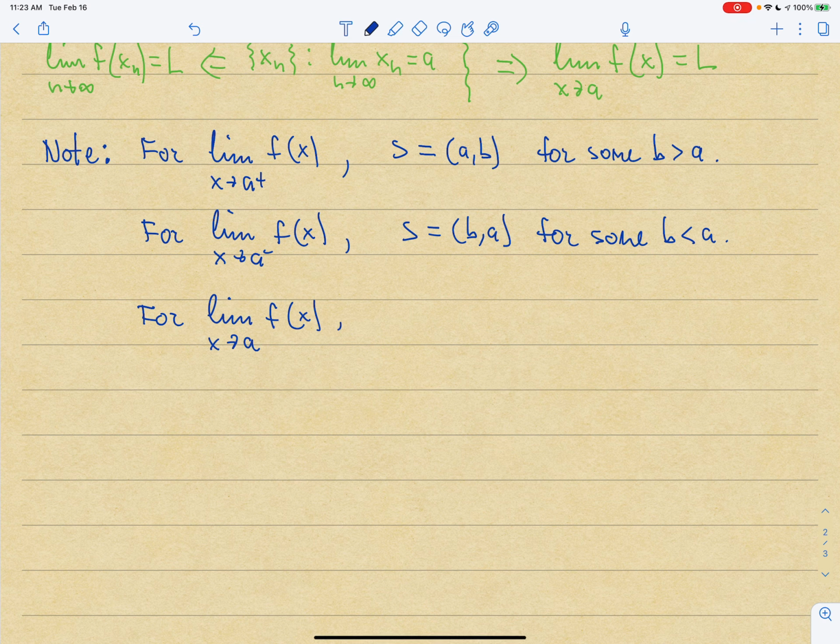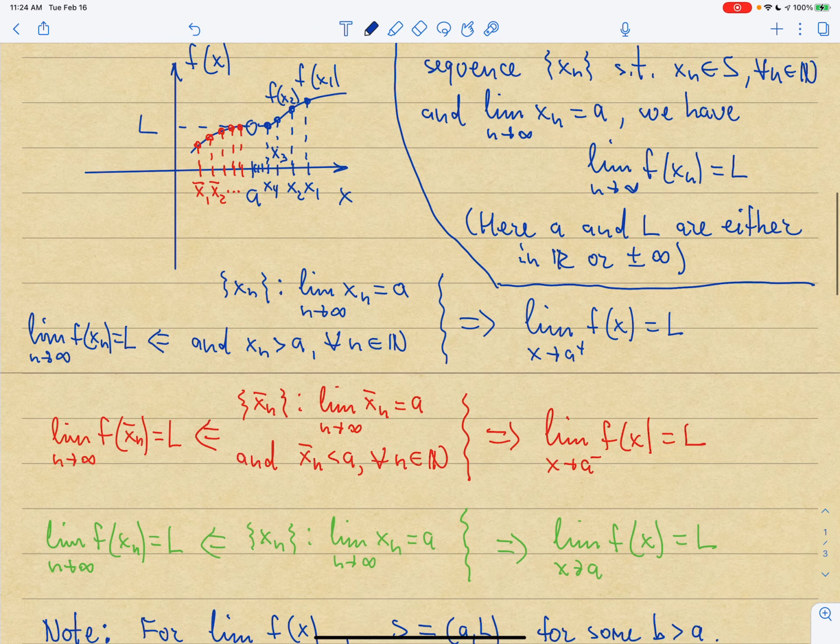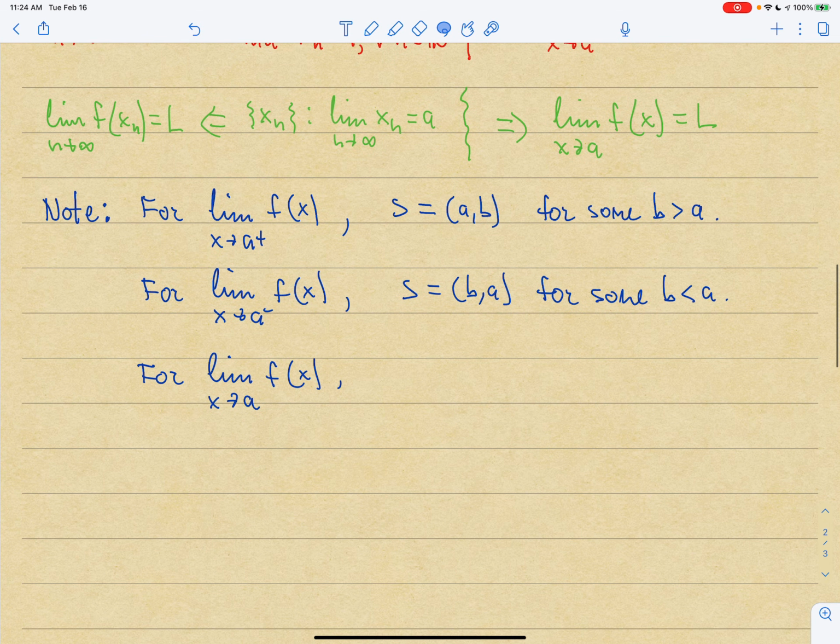I need to take some interval which contains A, and it can have points both on the right and on the left of A. But it cannot contain A itself.